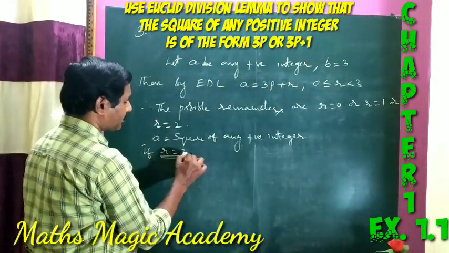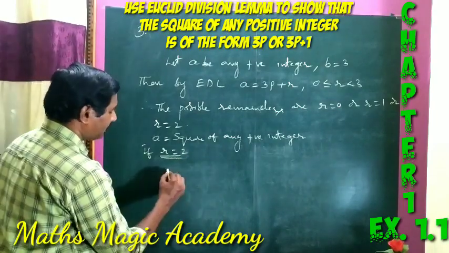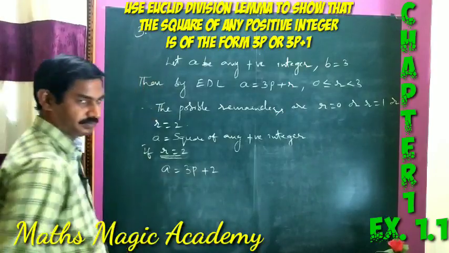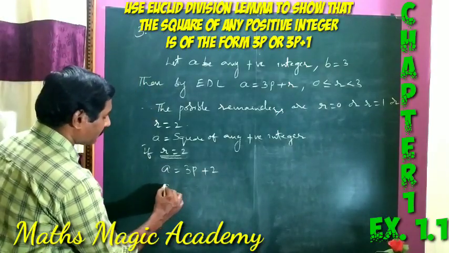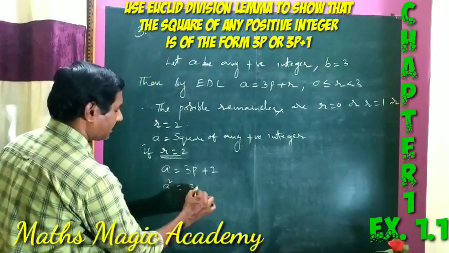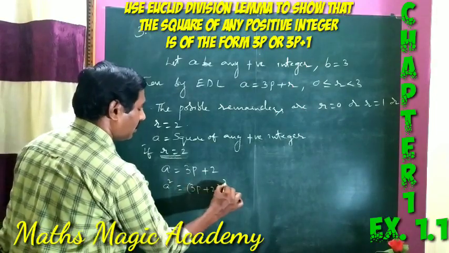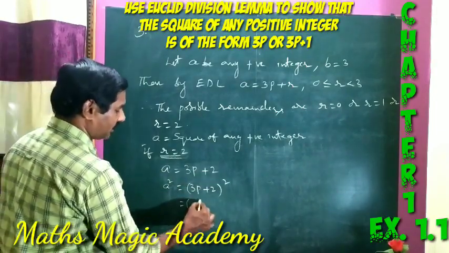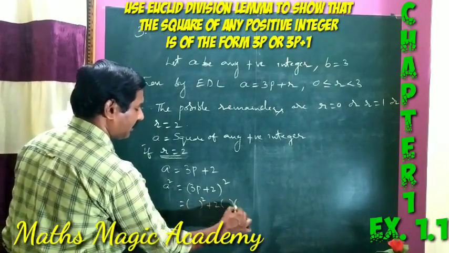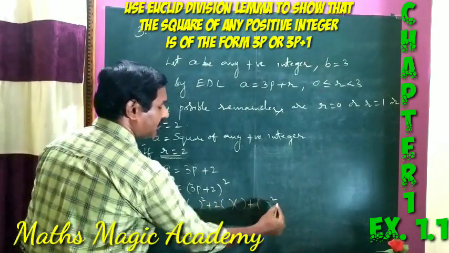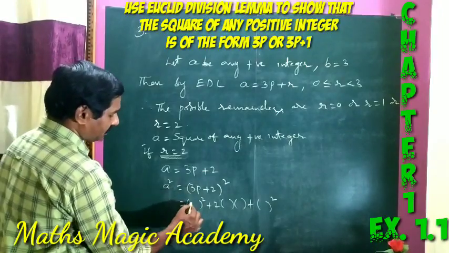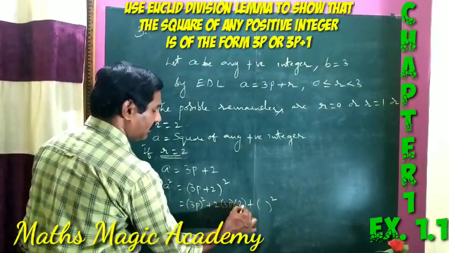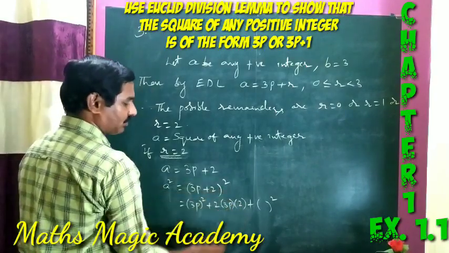Next, if r equals 2, then a equals 3p plus 2. Now squaring both sides, a square is 3p plus 2 whole square. Same as before, a plus b whole square is a square plus 2ab plus b square. In place of a we have 3p, and b is 2.